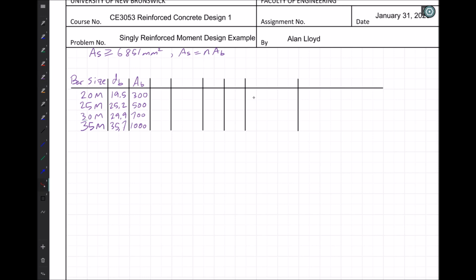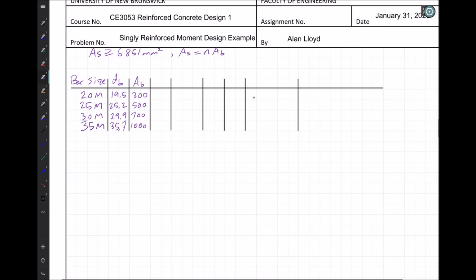If we then take our equation up above, area of steel is equal to N times area of the bars, and set area of steel equal to 6,851, solve for the nearest integer N that gives us an area of steel greater or equal to AS.